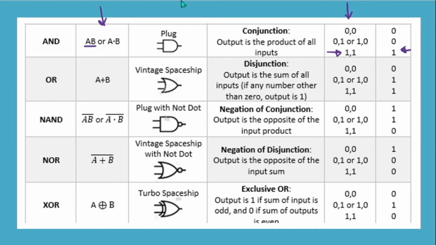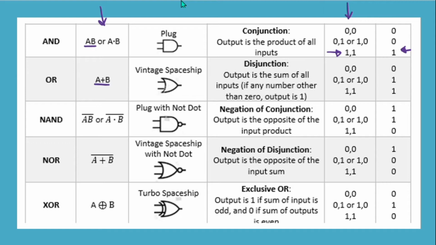The OR gate is a sum. It's like A plus B. With this one, no matter how many inputs you have, as long as a single input is 1, your output will be 1, because the only way to get 0 by adding is to have 0 plus 0, or 0 plus 0 plus 0 plus 0.